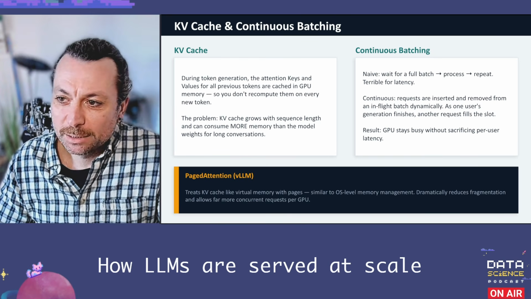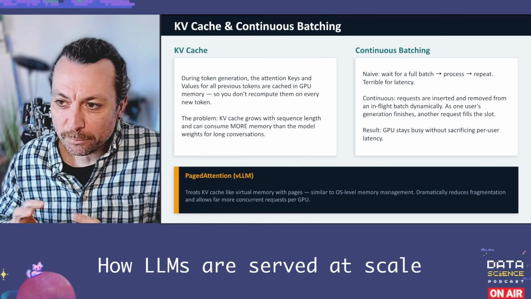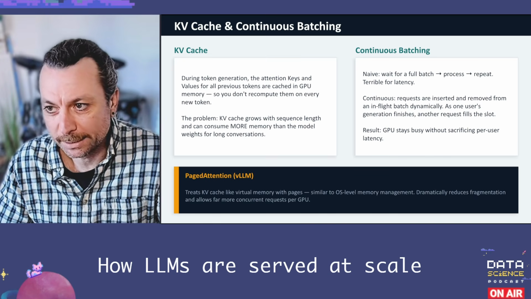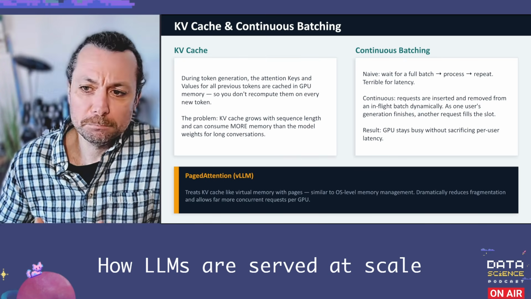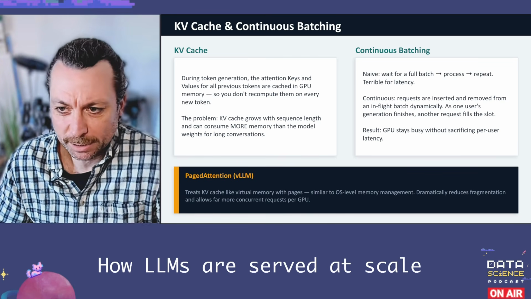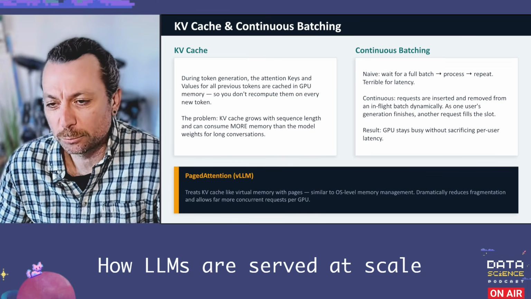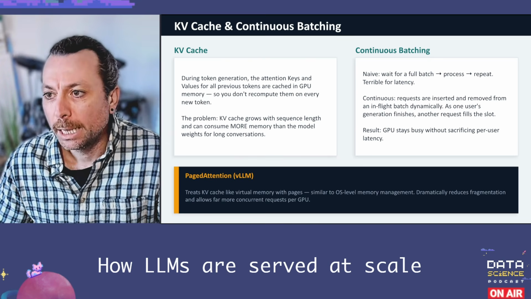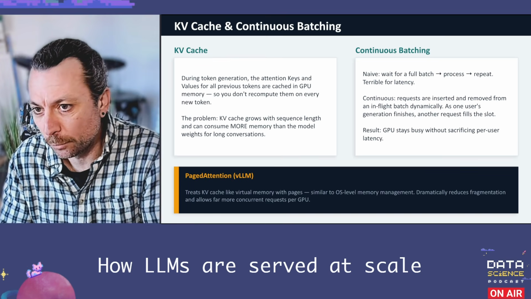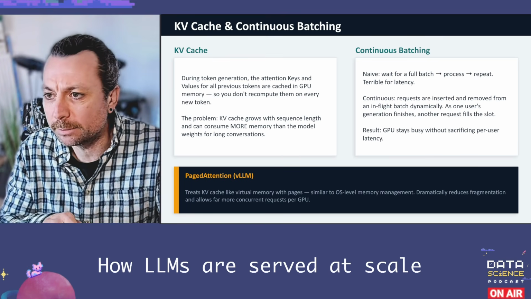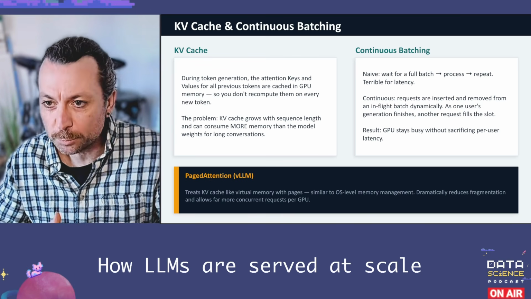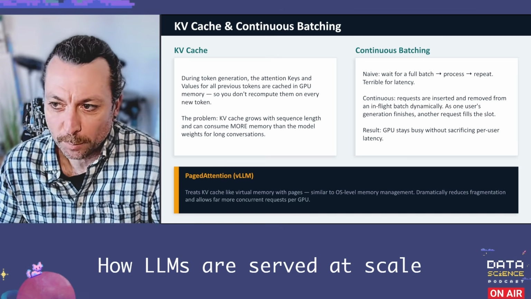Now, what happens with continuous batching? There are several solutions for how to do batching and how to use that cache. Well, the most trivial one, the one that was definitely used at the very beginning, when large language models were a novel thing, was just waiting for the full batch, then processing the full batch, and repeating that, right? Now, this approach works, but it's naive, not optimized.